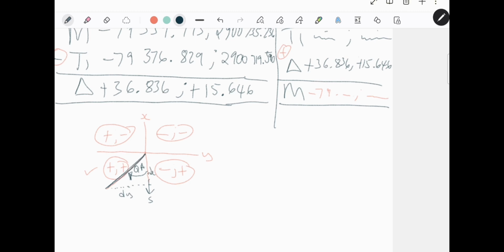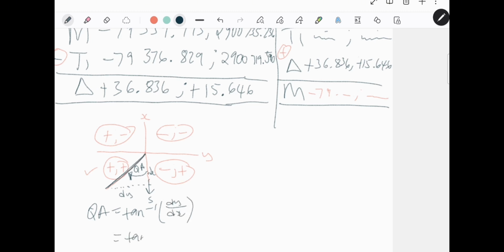So now to find it, just apply grade 10 maths. To find the quadrant angle, you just need to use your tan. Remember, you have the opposite over adjacent, that's tan. So your quadrant angle will be equal to tan inverse of dy over dx, opposite over adjacent.